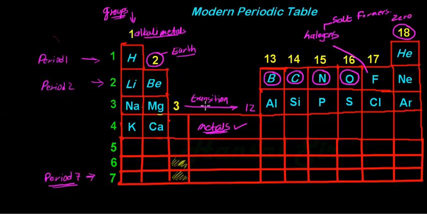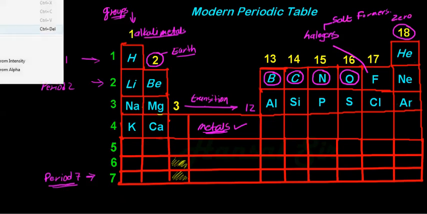Group 3 to 12 are known as transition elements. Transition elements have two orbits which are incomplete, and representative elements only have one orbit which is incomplete, the outermost orbit. They are also known as normal elements. Okay, so these are the names of all the groups in a periodic table.